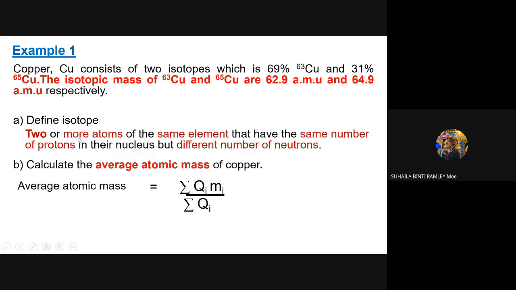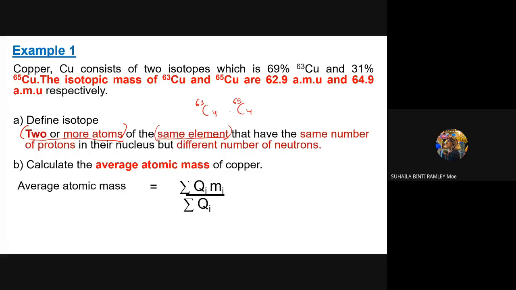Isotope refers to two or more atoms. It must be more than one, so two or more atoms of the same element. The element here is copper. The only difference is copper 63 or copper 65.